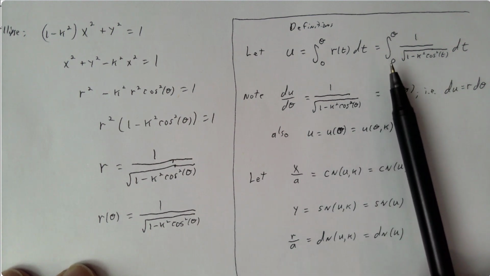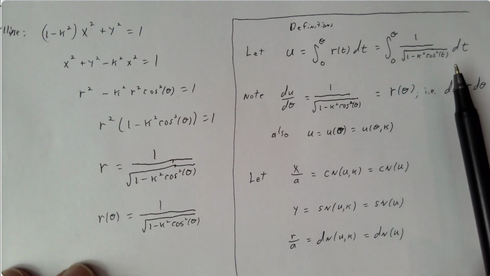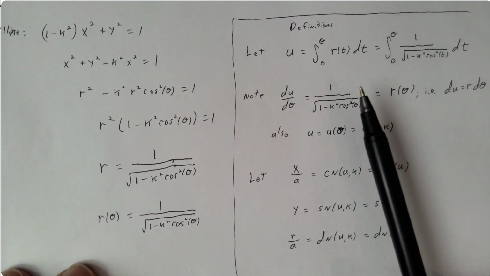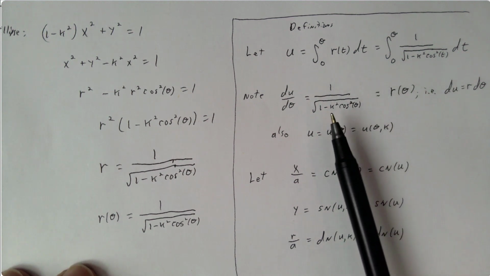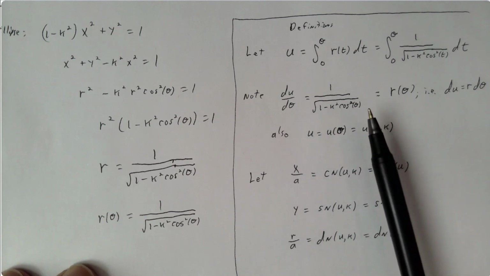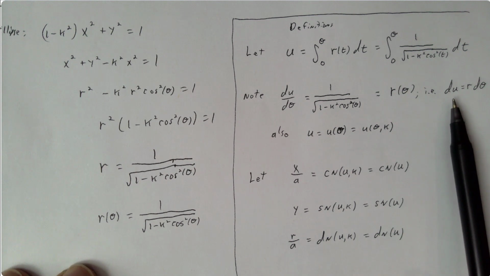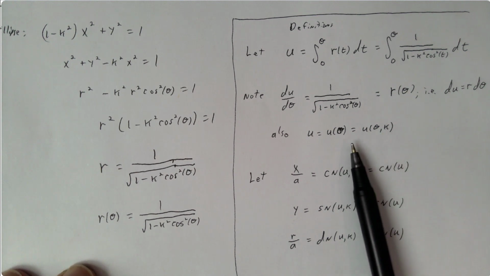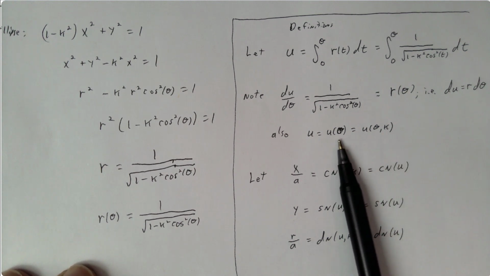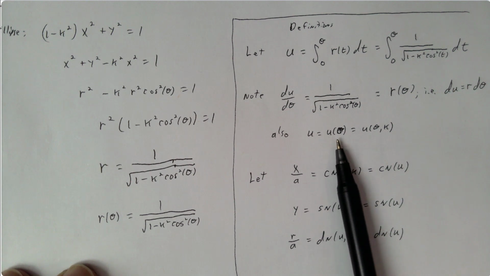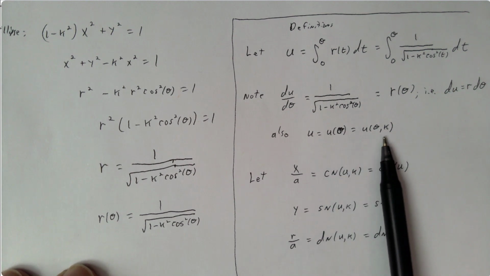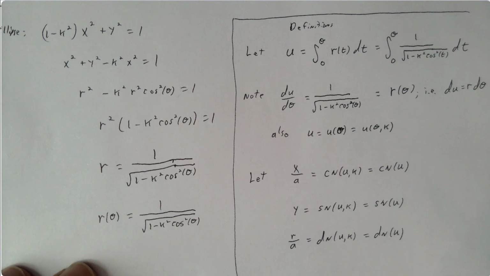So integrate from 0 to theta r of t dt, and that'll be u, and then by the fundamental theorem of calculus, du d theta is r of theta, or getting what I want, du is r d theta. And of course u depends on theta for any fixed k, so in a way it depends on both theta and k.